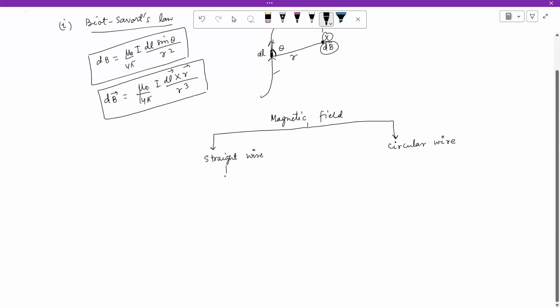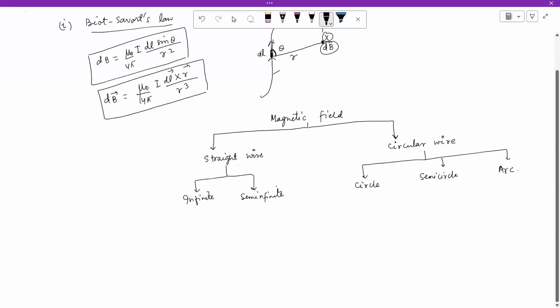Straight wire again is of two kinds: one is infinite and the other one is semi-infinite. Circular wire is of three kinds: one is full circle, the other one is semicircle, and the other one is an arc.